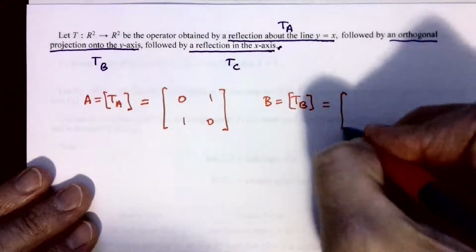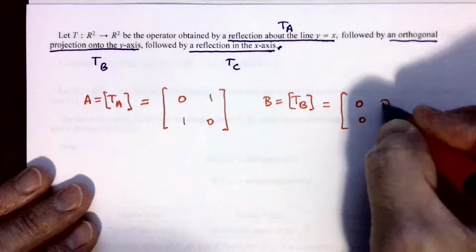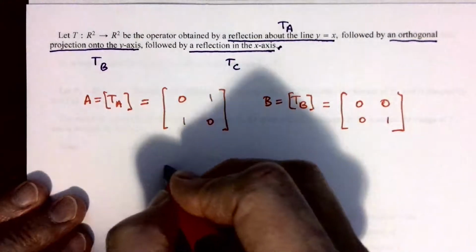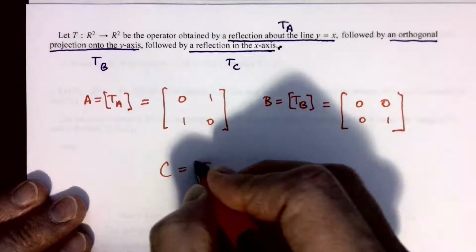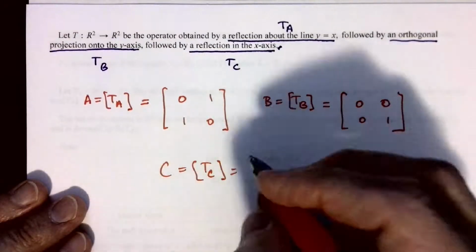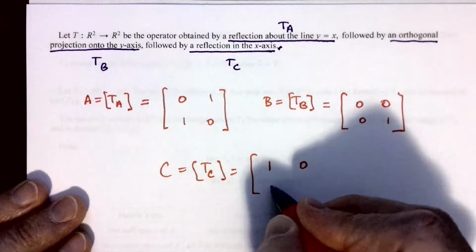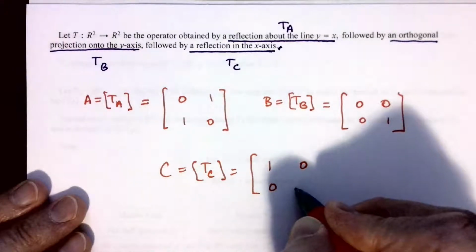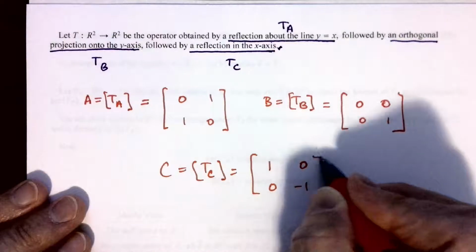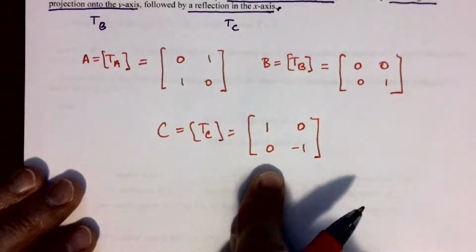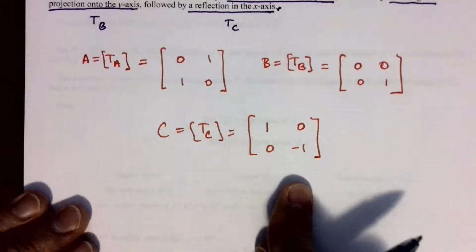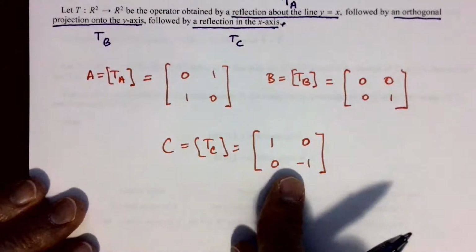We also did that one. And then we'll let C be the standard matrix for transformation C, a reflection in the x-axis. We did that one as well. And that's the standard matrix for that. So we did all these in the last video. If you're wondering how to get those, make sure you review that.